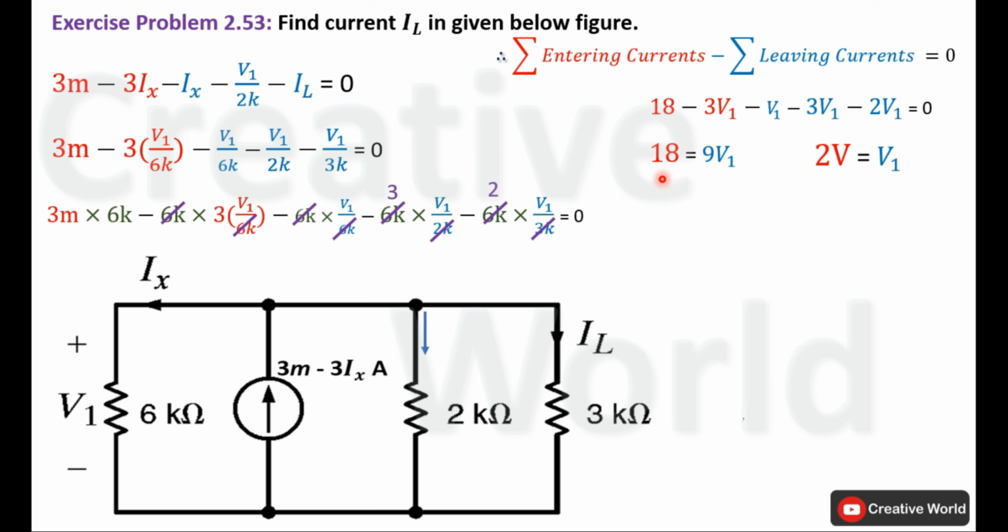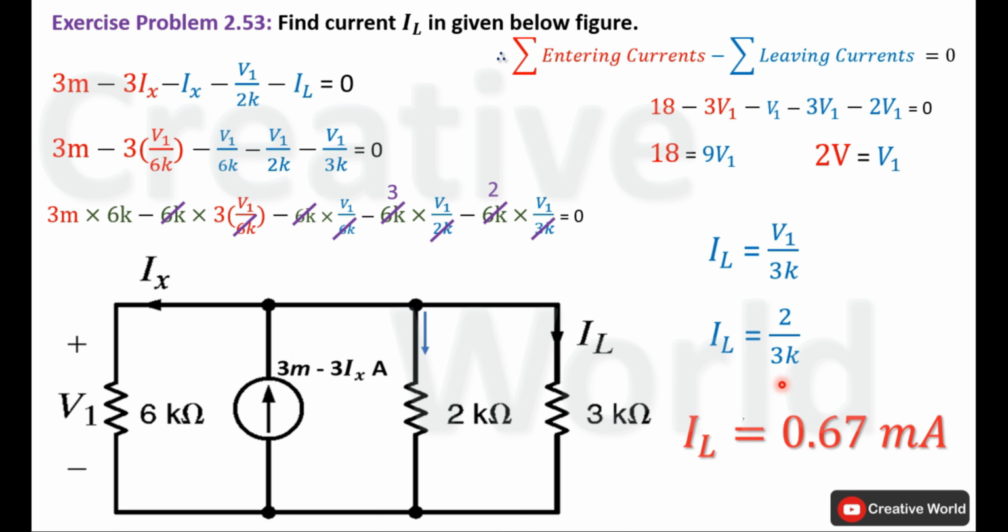Now we can easily calculate the current IL, which is equal to V1 divided by 3 kilo ohm. The value of V1 is 2 volt, so IL will become 2 divided by 3 kilo ohm. Finally, the value of IL inside this network will become 0.67 milliampere.